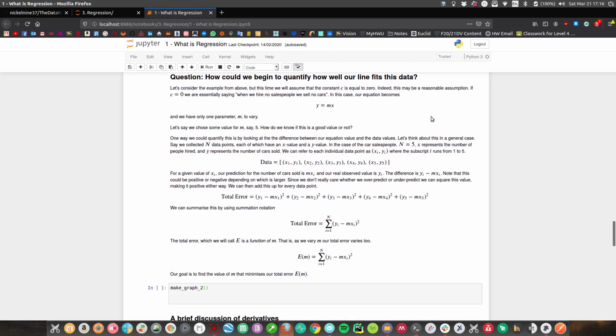And we can think of this total error as being a function of m, right? Because as we change m, our total error is going to change. So at this point, it's probably worth clarifying that there are a few different meanings of the word function that we're using here.